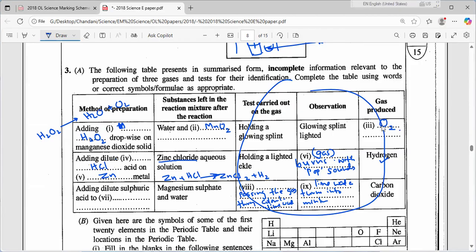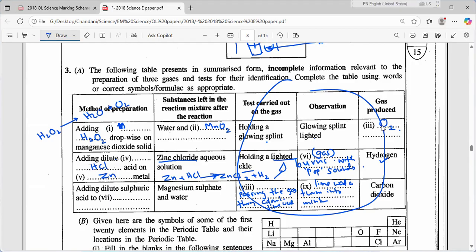To identify oxygen, hold in a glowing splint and the splint is lighted. For hydrogen, bring a lighted splint with flame, and the gas burns with a pop sound.